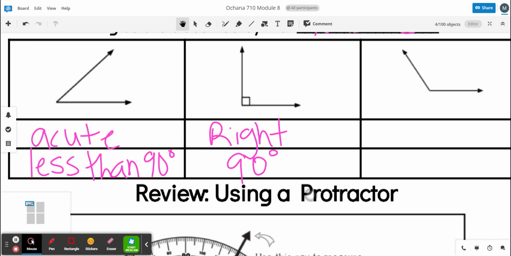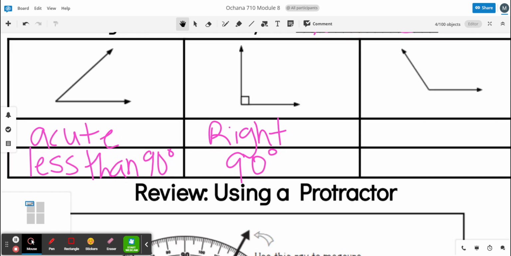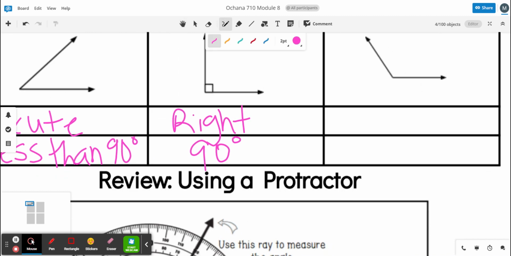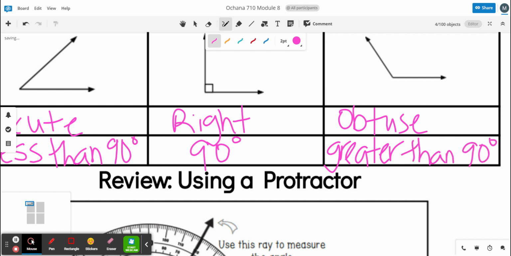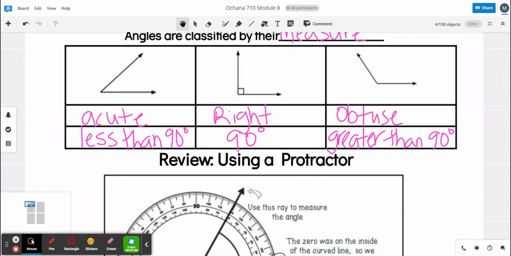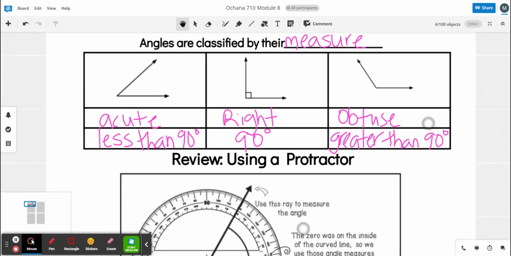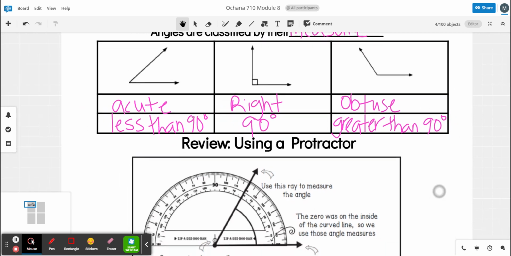And they'll more than likely always have that little box in the corner specifying. And then last, we have our obtuse angles. And these angles are greater than 90 degrees. Okay? So these are the type of angles that you're going to be pretty much used to seeing for now.